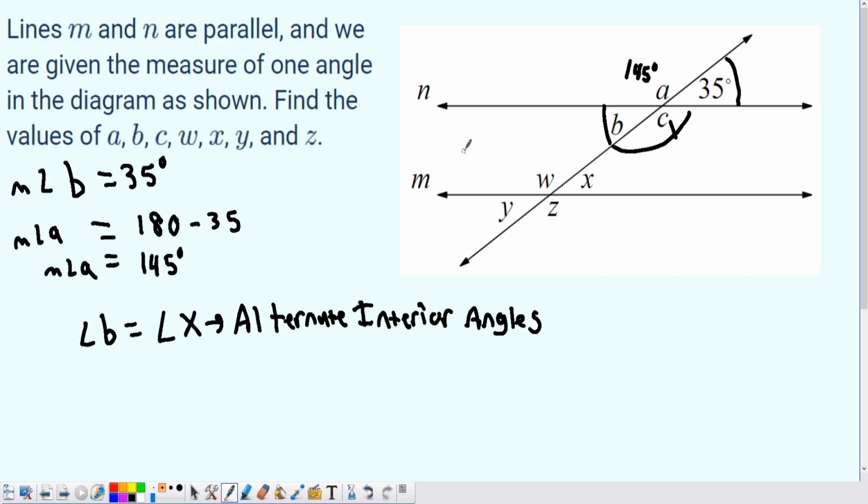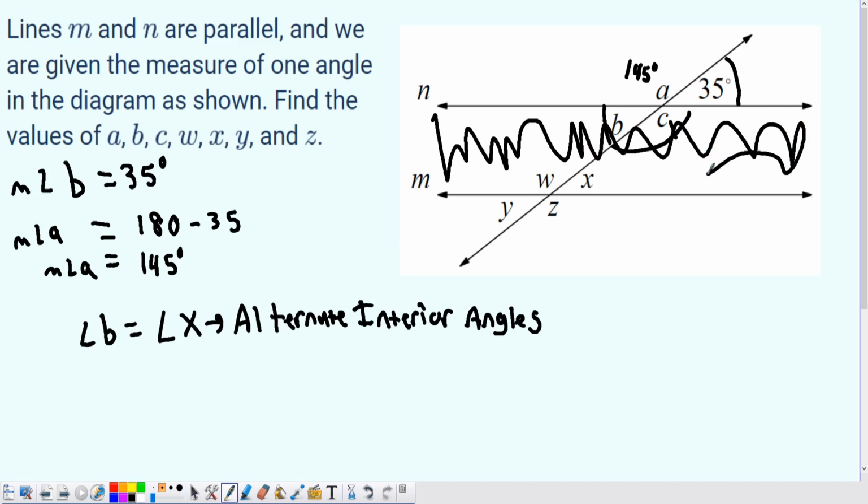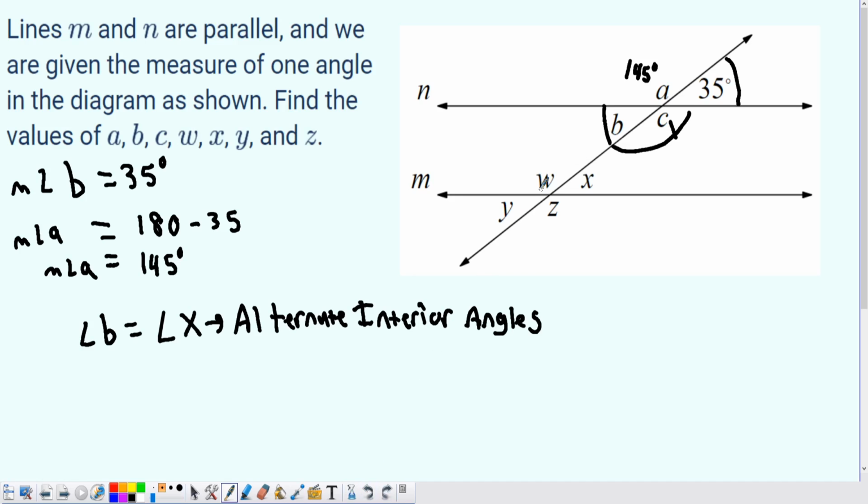Well, if we look at our two parallel lines and imagine, I'm just going to take up all the space on the inside, the interior. That's what it means by interior. Alternating means different sides of the transversal.